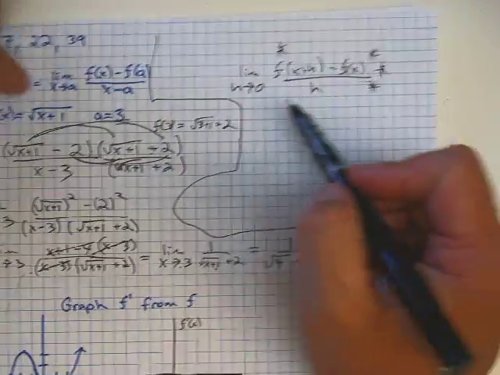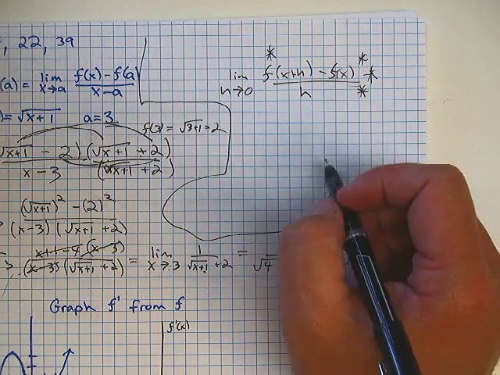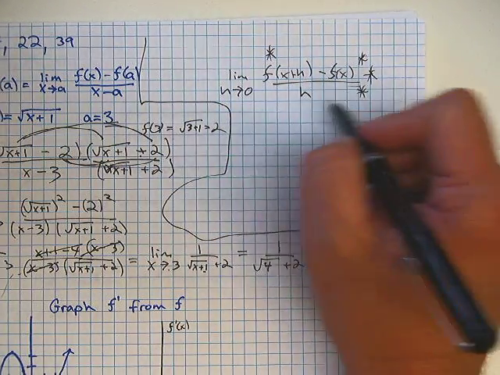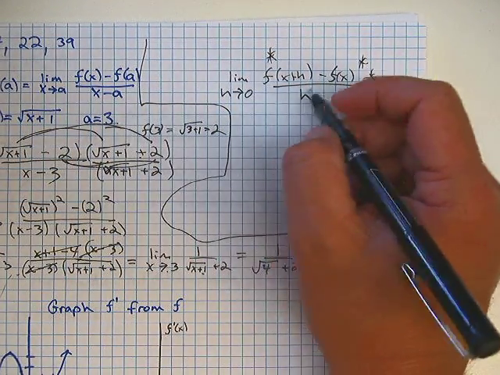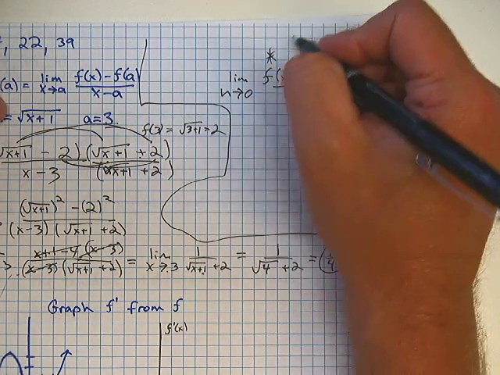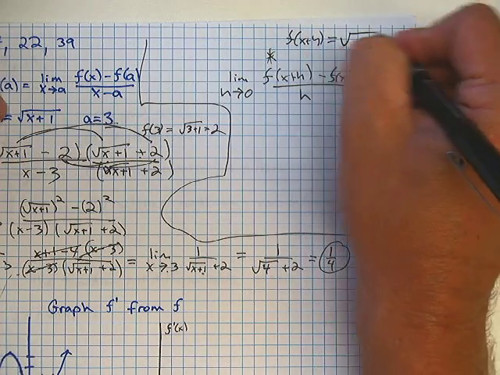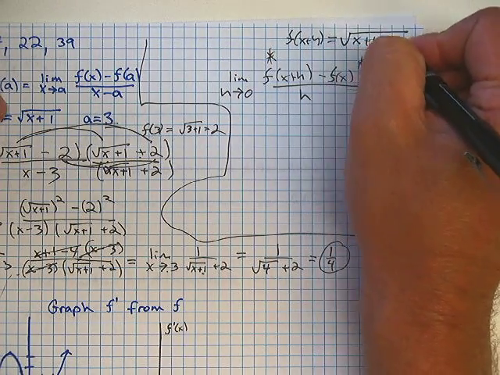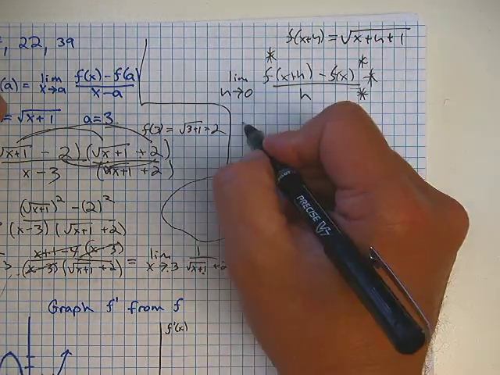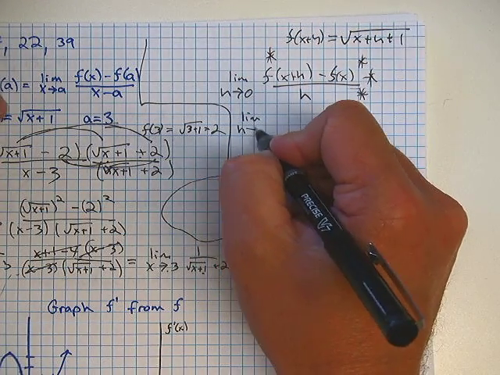Now if you didn't want to do that and you wanted to do the derivative, I'm going to go ahead and do it right here. You do not have to do this. This is just for this one right here. It does make it a little bit of a bigger problem, but f of x plus h equals square root of x plus h plus 1.